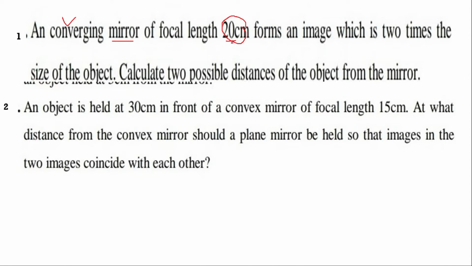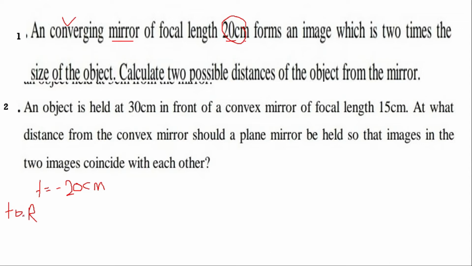For a converging mirror with focal length 20 centimeters, we will take f equal to minus 20. Why am I taking minus 20? Because a converging mirror means a concave mirror. So this is minus 20. The image is two times the size of the object. Calculate the two possible distances. Again they are not telling about the nature of the image. I'll take it for real images.